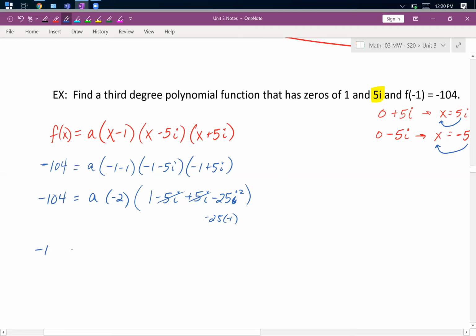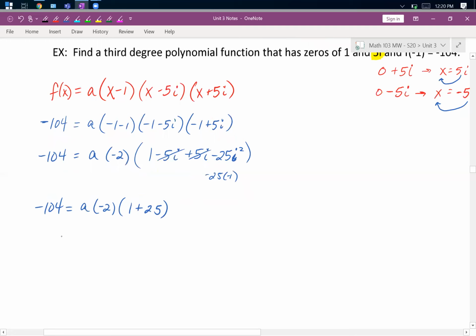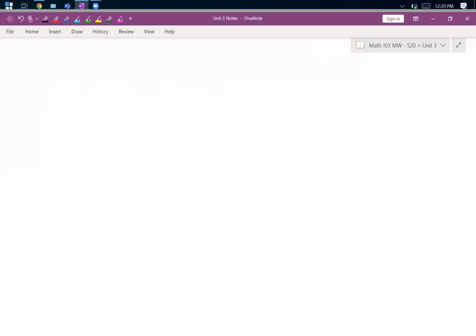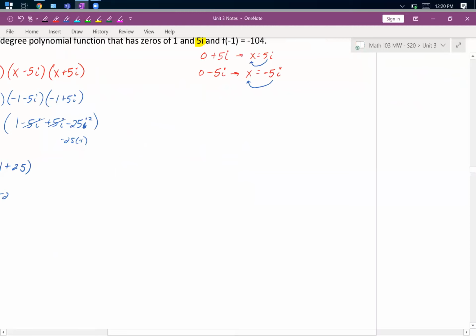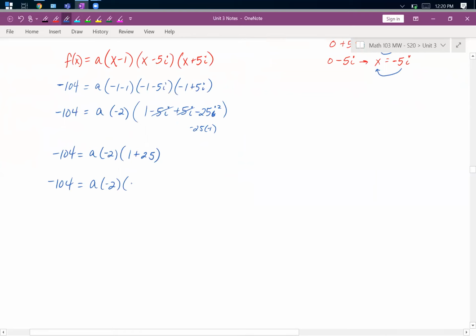So we get negative 104 equals negative 2 times 1 plus 25, negative 52a, and when we divide, we get a to be equal to 2.